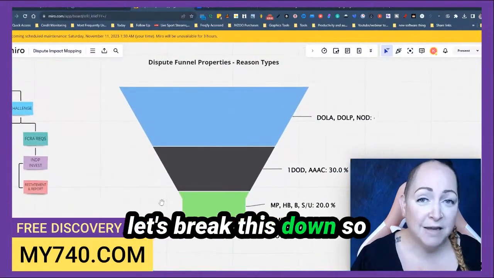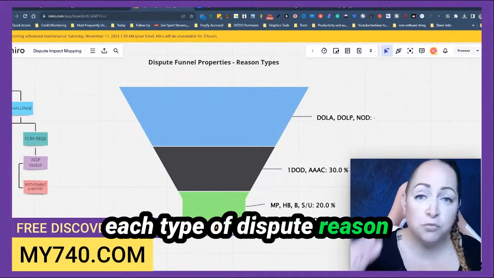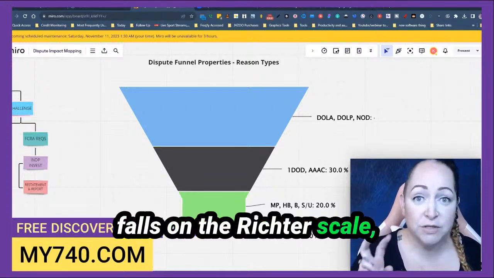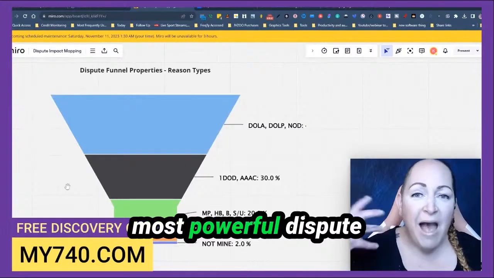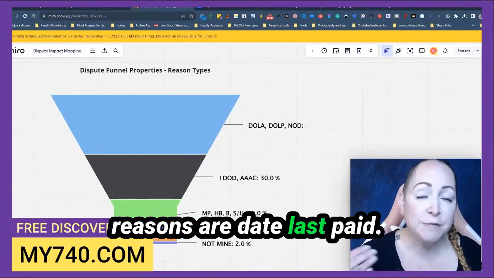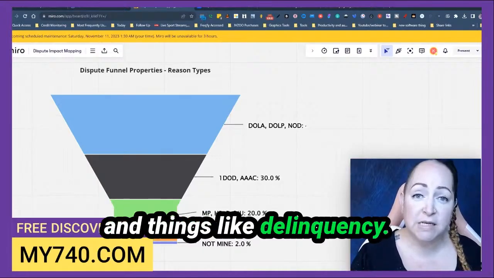Let's break this down so you can understand where each type of dispute reason falls on the Richter scale, how likely you are to get these things removed. The most powerful dispute reasons are date last paid, notice of dispute violation, and things like first date of delinquency.